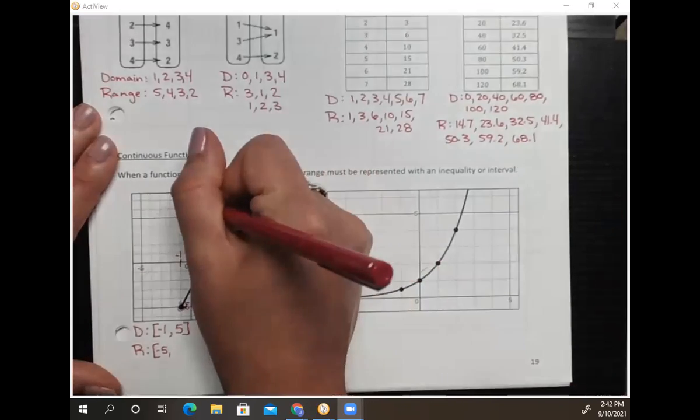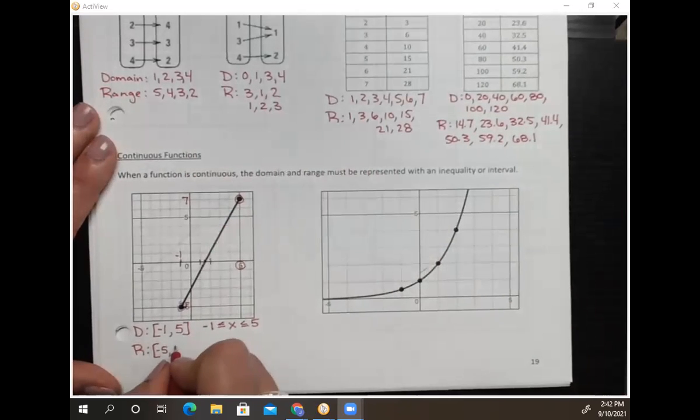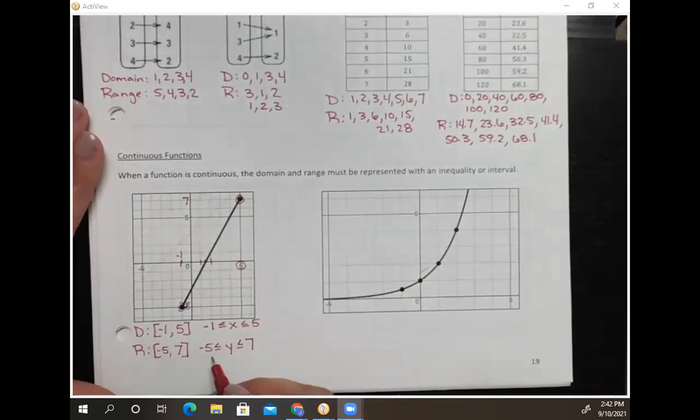And its y value is 7. So from -5 to 7 is my range. So there's interval notation. And then here is inequality notation. So -5 is less than or equal to y is less than or equal to 7. Questions for me on this one?